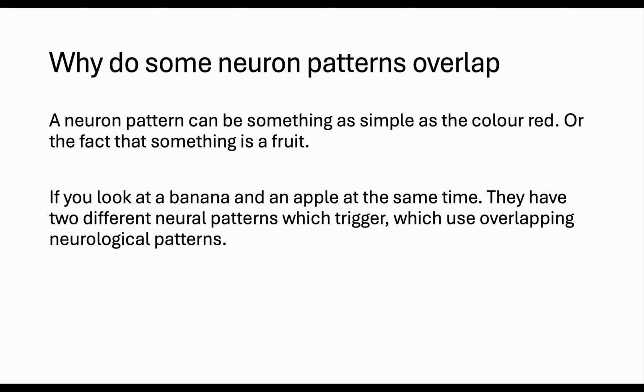So when I look at a banana and I look at an apple, they have different neuron patterns which allow me to recognize its red color, its round shape, and then be able to separate that from the banana's long shape and yellow color. However, they share a neuron pattern within how they are both fruits, which they both are, and which I have learned in general. Something along those lines.